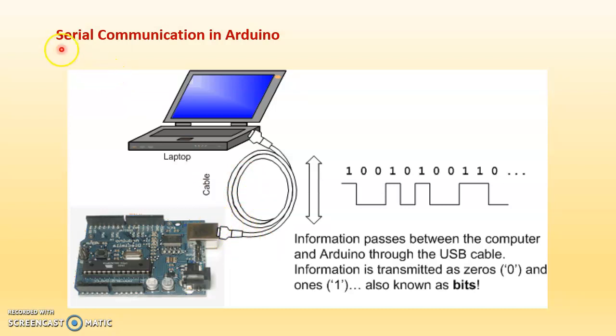So the data will be transmitted serially in the case of the Arduino. Digitally that data will be transmitted as we upload a program from the computer to the Arduino board, or when we can see some type of data or measurement on the serial monitor. At that time data will be transferred from the Arduino to the laptop or computer. So this type of digital format will be transmitted.